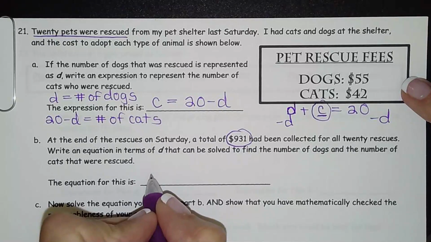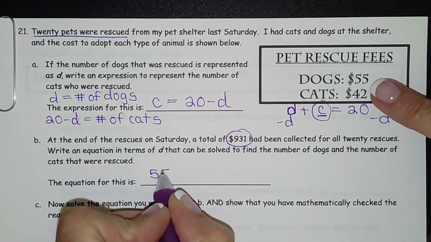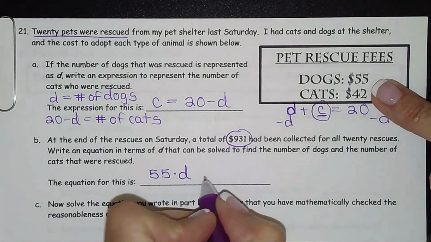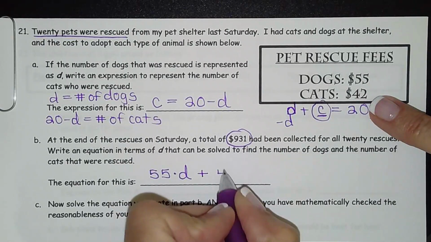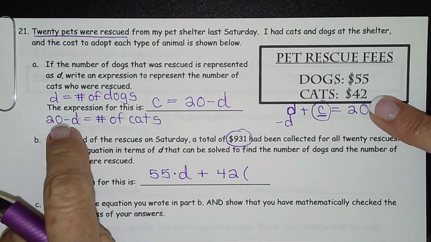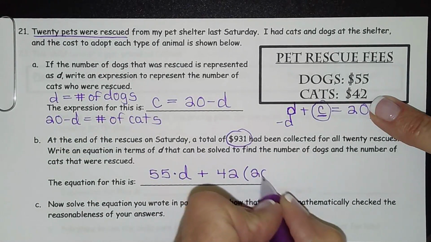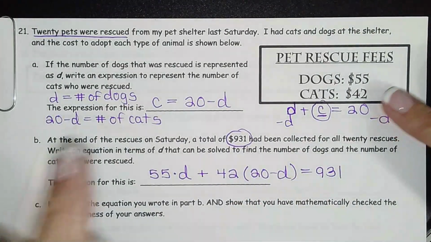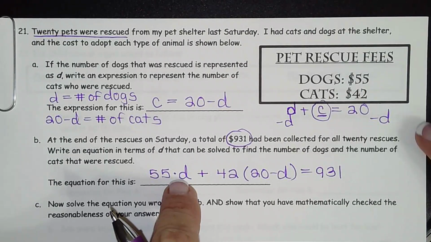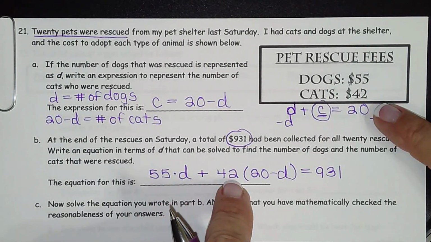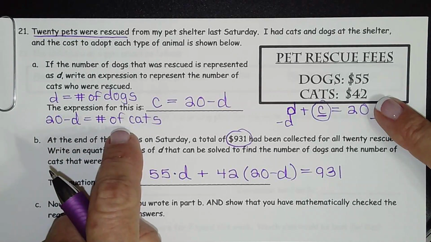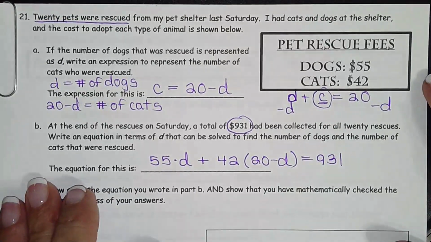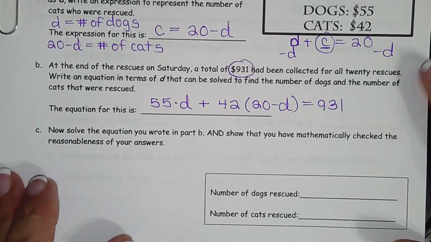So the equation would be $55 for every dog plus $42 for every cat equals $931. So 55 times the number of dogs plus $42 times the number of cats gave me a total profit of $931. And then we just have a nice simple little equation to solve there.